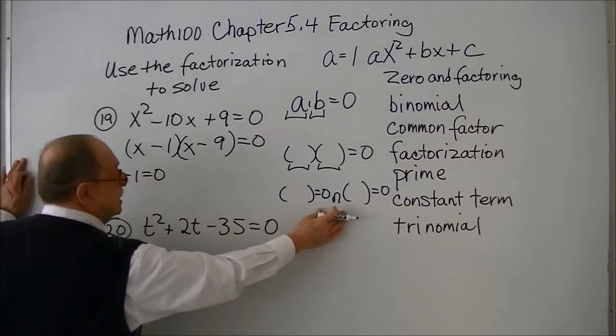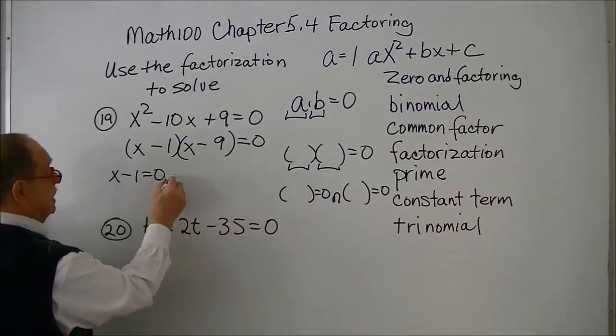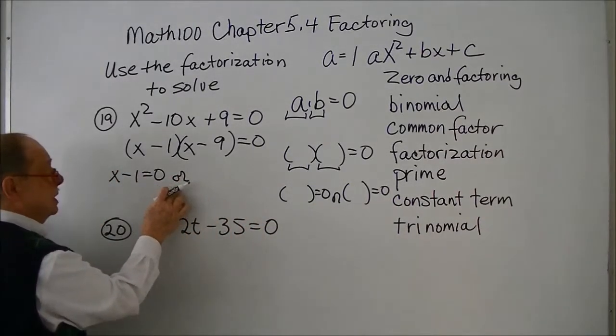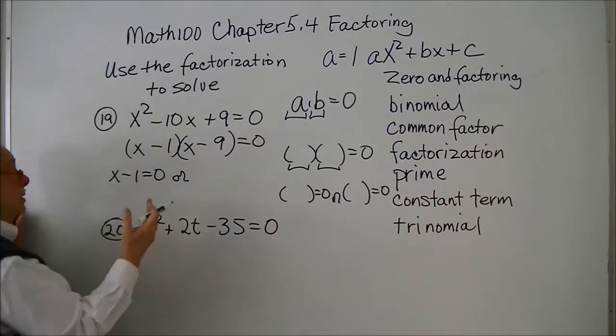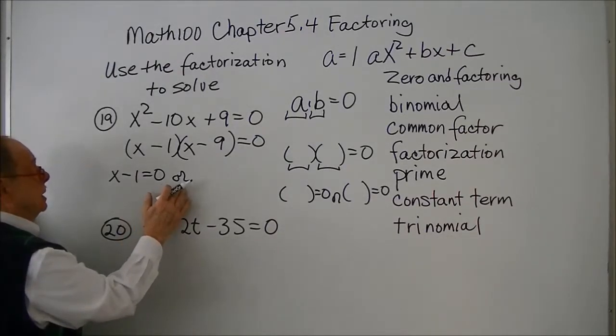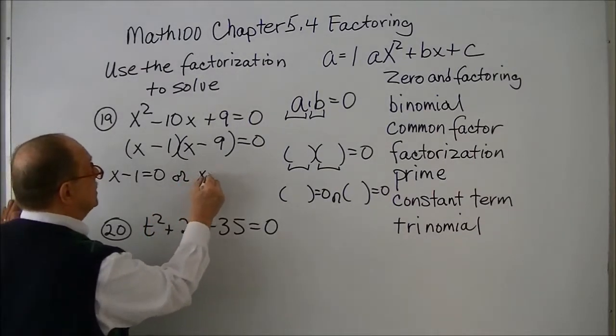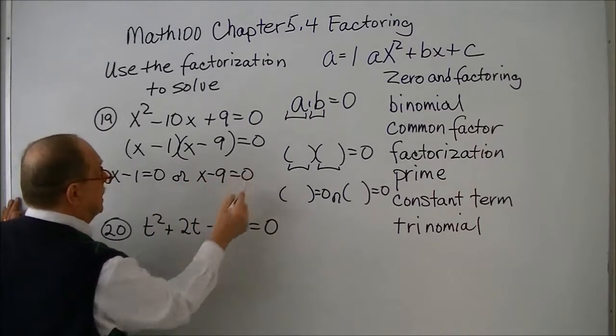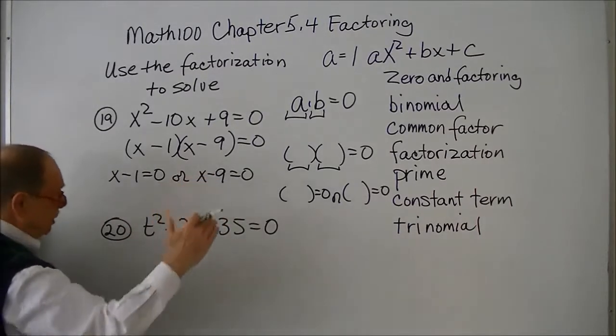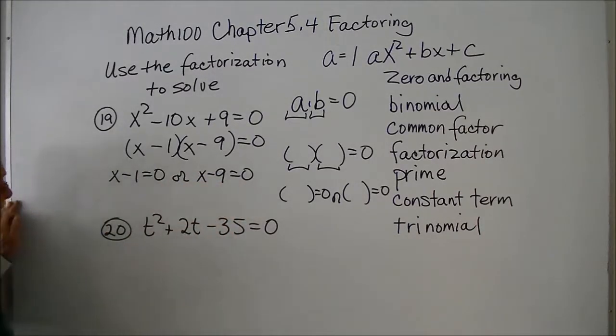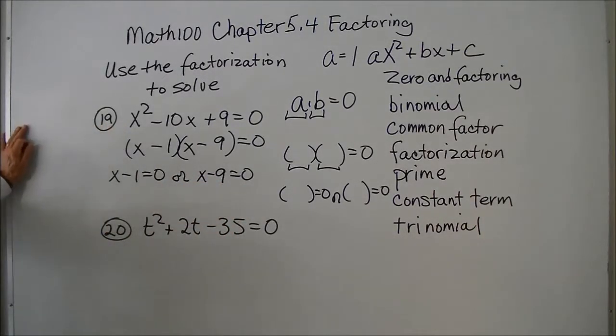That's what I have set up here. And it would be useful in your homework log to put the word "or", and then put this other factor. You'd be developing a protocol, a strategy for solving equations by factoring.